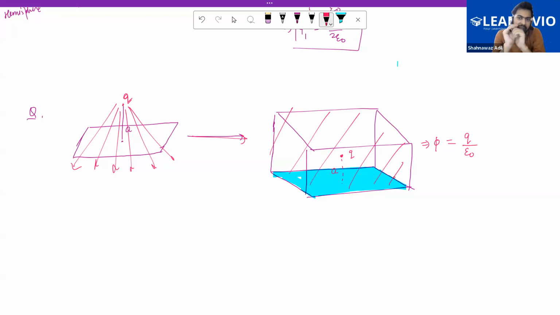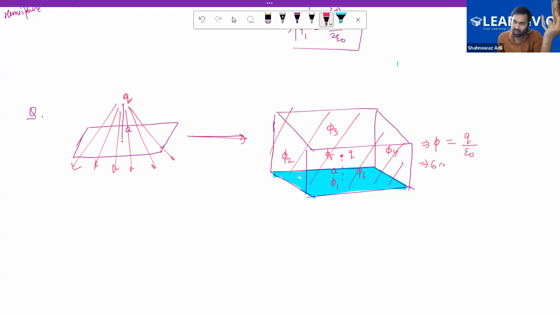And how many surfaces are there? Let's say this is phi 1, then we have phi 2, phi 3, phi 4, phi 5, and the rest one, phi 6. So we have 6 surfaces.